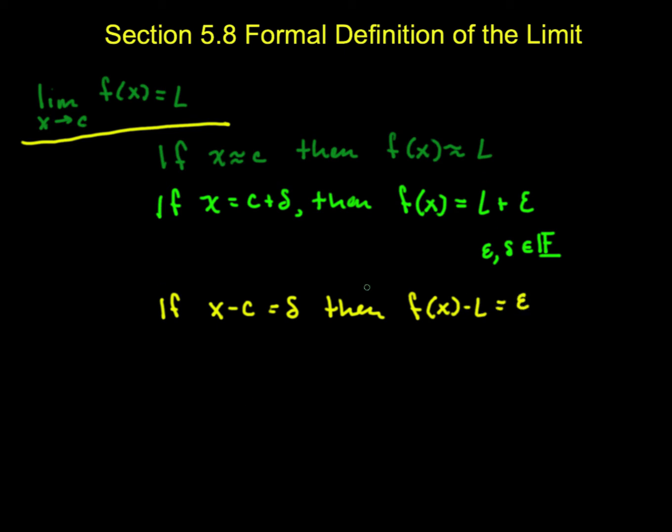And so I'm just playing around with the definitions. And again, what are epsilon and delta? Epsilon and delta are infinitesimal numbers. Three different ways of saying the exact same thing. Each of these three sentences are equivalent.